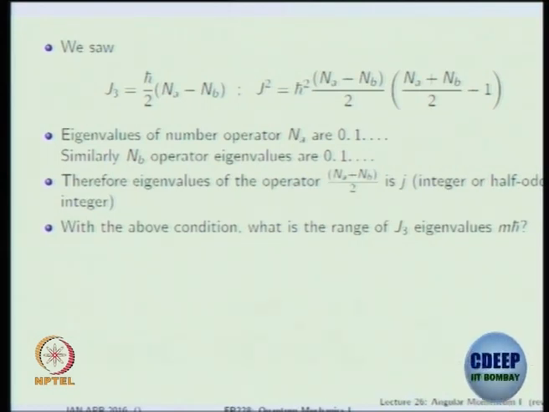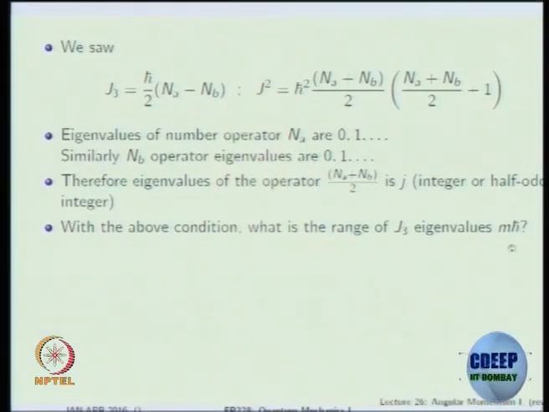This is the identification. If you take two harmonic oscillators, half the sum of the number operators of both oscillators should be identified as the angular momentum j, and the magnetic quantum number m will be half the difference between the number operators. Once I take that, my range of m is automatically fixed to be minus j to plus j. Any questions on this?